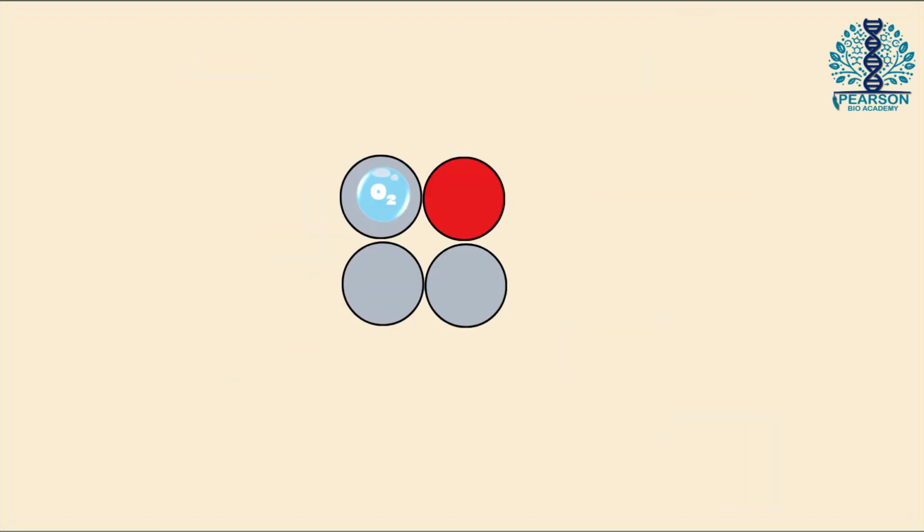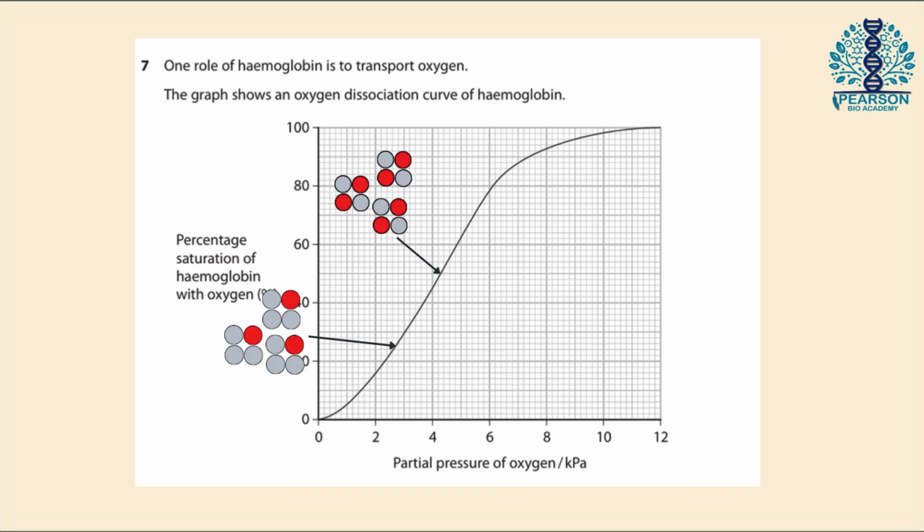Consequently, oxygen binds more easily as the partial pressure of oxygen increases. And at high partial pressure of oxygen, hemoglobin becomes fully saturated, like in the graph. When it reaches around 10 or 11 kilopascals, you can see maximum saturation.